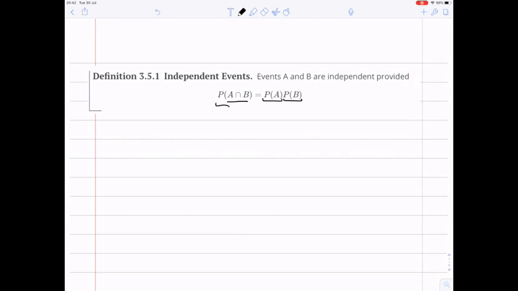So just to clarify, this is the probability of A and B happening, and over here we've got the probability of A happening, and we're timesing that by the probability of B happening.